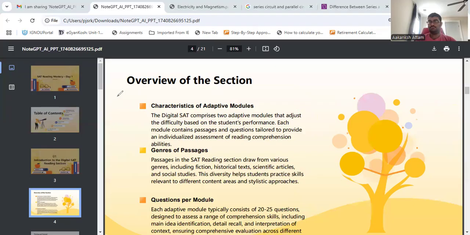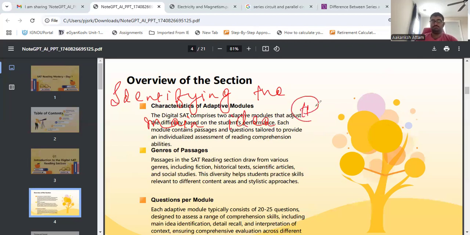Let's say you are encountering a question related to identifying the main idea. So, do we need to go through the entire text? Or rather, let me put it in this manner: what kind of reading strategies are you going to apply in this kind of question?